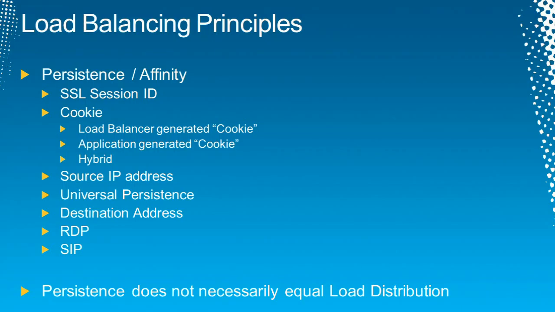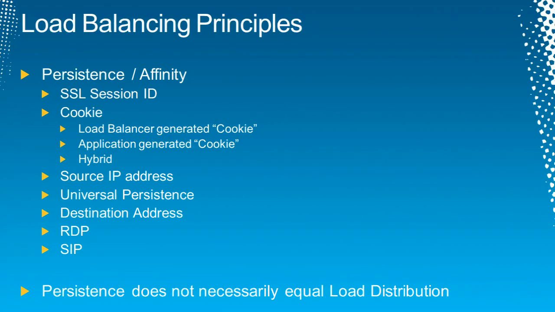But when we're doing persistence, we have multiple ways to do this. One is that every SSL session has a session ID. And so we can look at that SSL session ID and use that to track, make a table, right? And then use that table to ensure that all the clients always connect to the same server that they talked to initially inside of that pool. Another option is to use what's called a cookie. We have both load balancer generated cookies and application generated cookies.